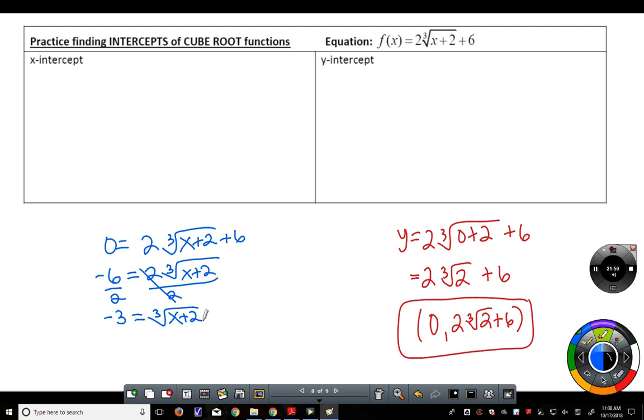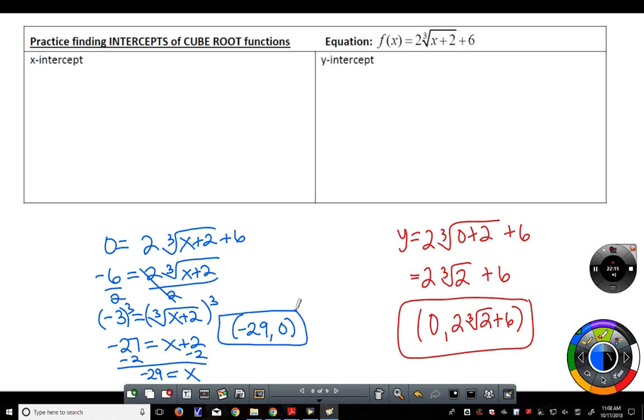And then in this case, what do I need to do from here in order to keep on solving? Cube it, right? So cube roots and cubes are inverses, like square roots and squares. So cubing both sides, -3 cubed is -27. And so then I would just subtract 2 to finish for x. So that would be my x-intercept.